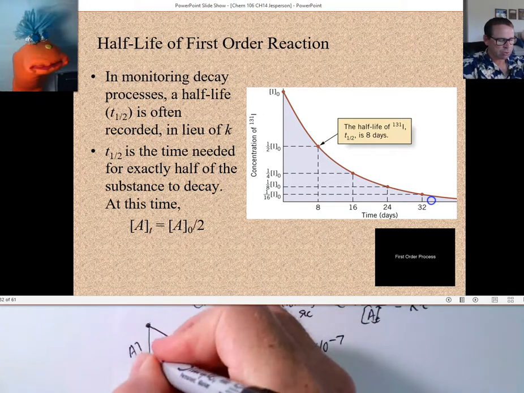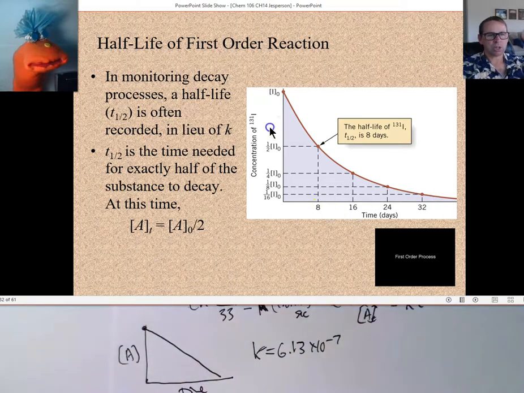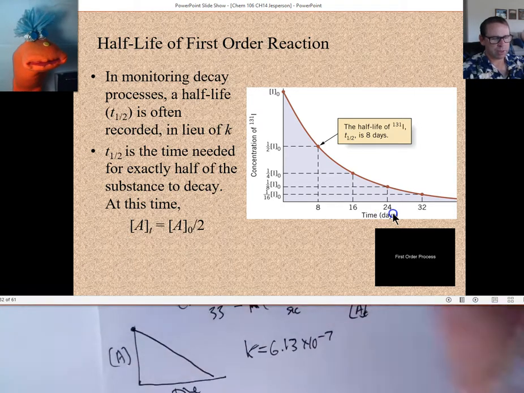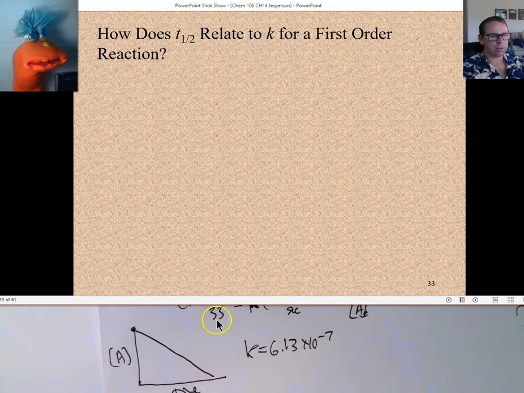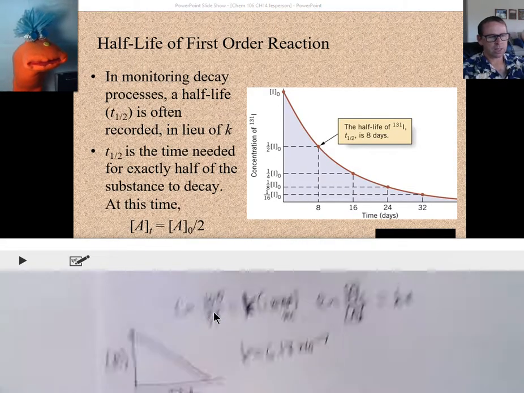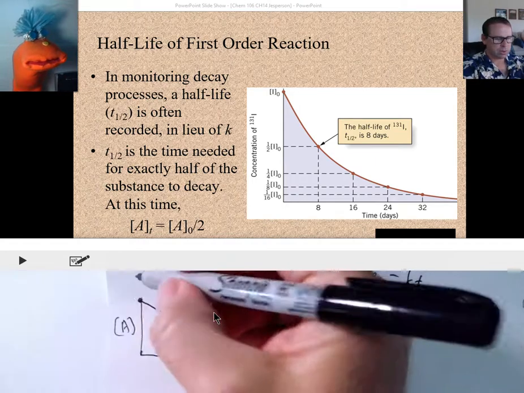So if you plot concentration of A versus time, that's what this is up here: concentration of a reactant in a first-order reaction versus time. This plot down here is concentration of A versus time for a zero-order reaction. It's linear, you can see, so that's how we know it's a zero-order reaction.